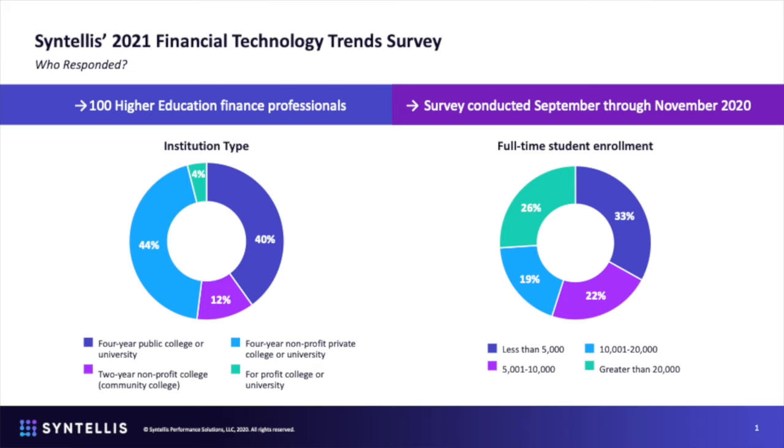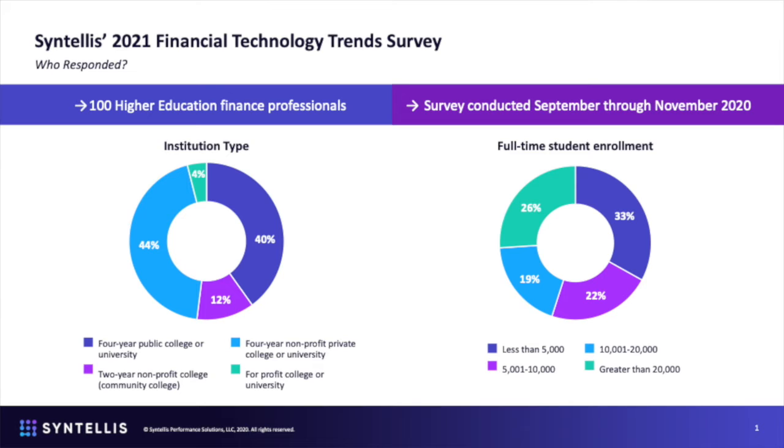You know, who responded. So we have 100 higher education finance professionals. So this is just focused on higher ed, just focused on people in the finance roles. As you can see here, the primary respondents were 4-year publics and privates. We had some community colleges respond as well, and even some for-profit universities, and then a fairly nice cross section in terms of the size of the universities that responded.